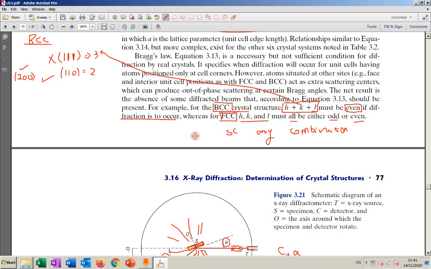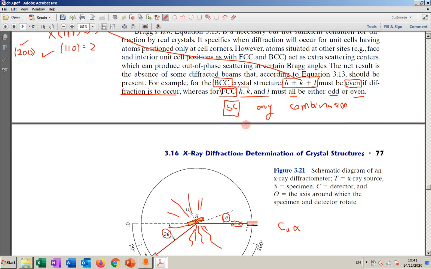Any combination for simple cubic will be seen scattered, and all the planes will be scattered in the simple cubic. Why? Because simple cubic only has 4 atoms at the corners. The planes that we have basically have some relation with the corners. That's what will be scattered.